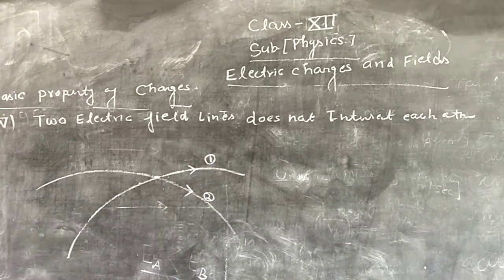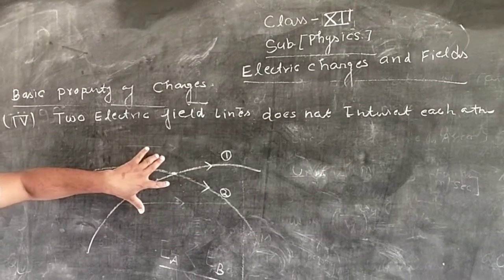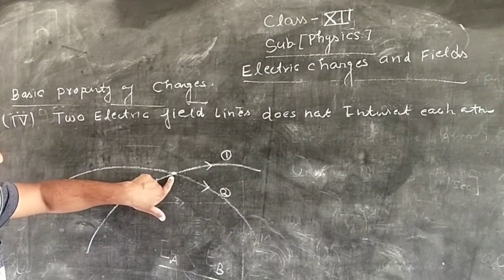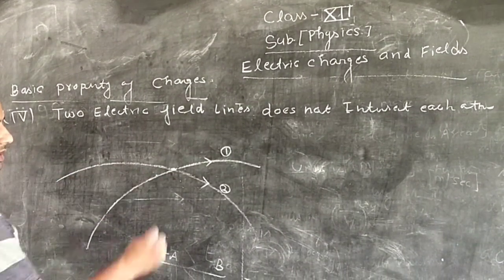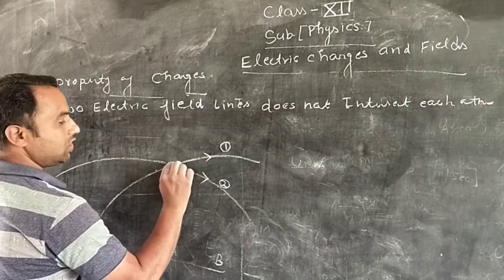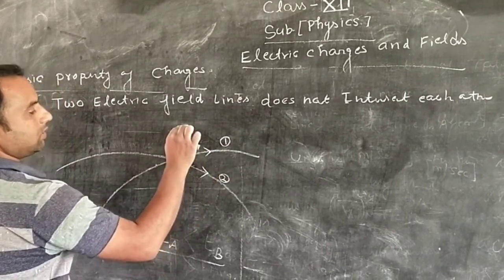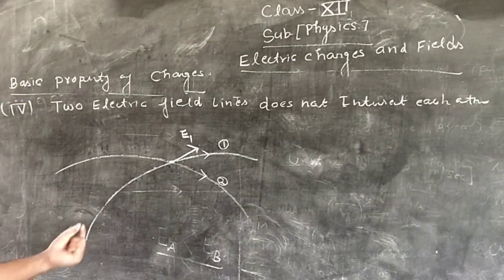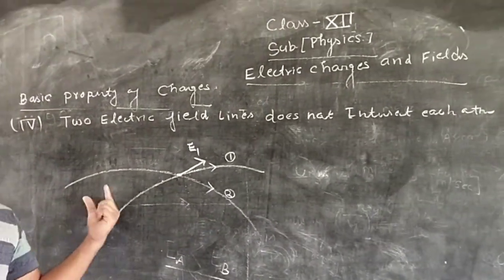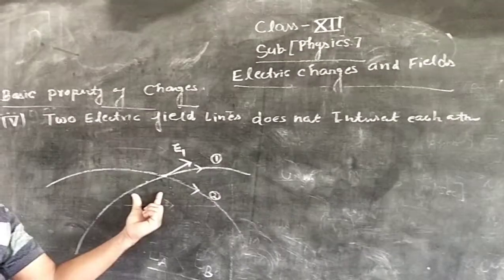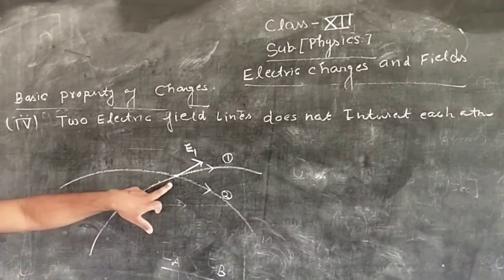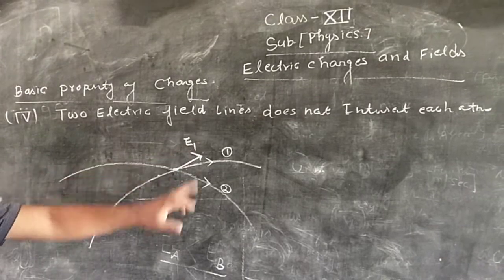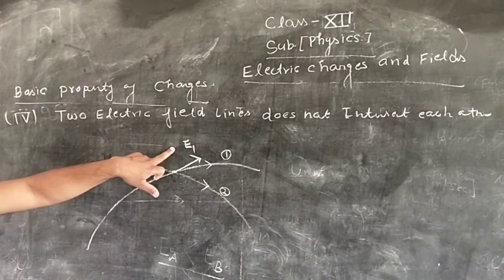If we draw a tangent on this curve at the point of intersection, it gives the direction of the electric field, because electric field lines are imaginary lines, and the tangent at any point on the curve shows the direction of the electric field.